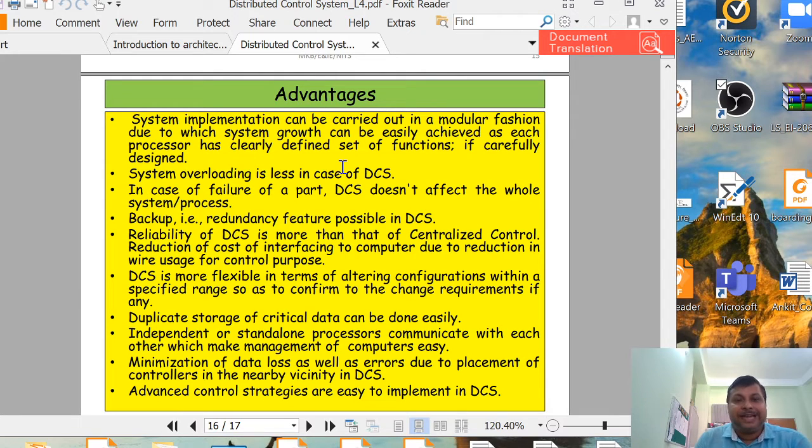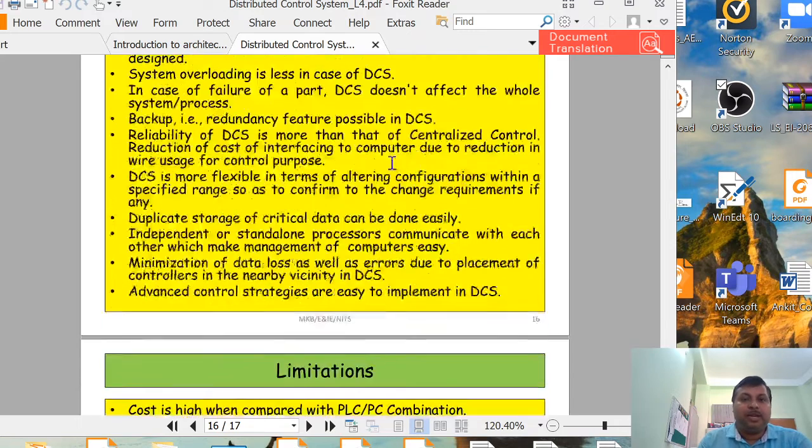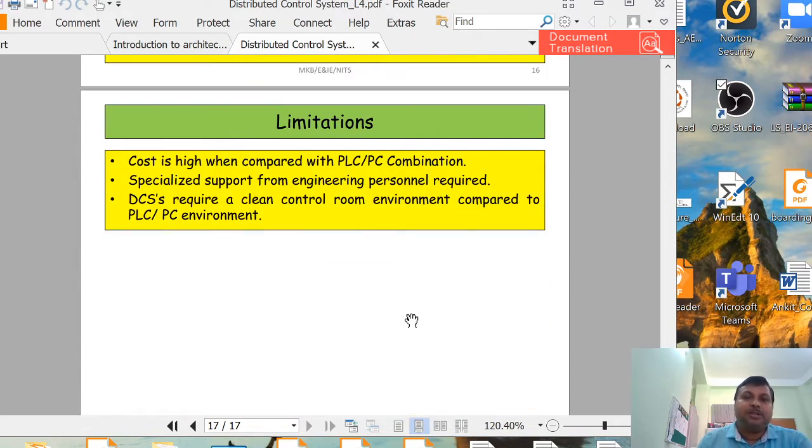Independent and standalone processors communicate with each other, which makes management of computers easy. Minimization of data loss as well as errors is possible due to the placement of controllers in the nearby vicinity in DCS. Advanced control strategies are easy to implement in DCS.